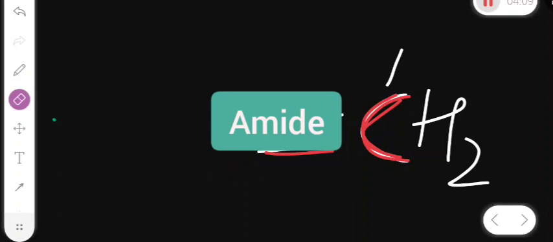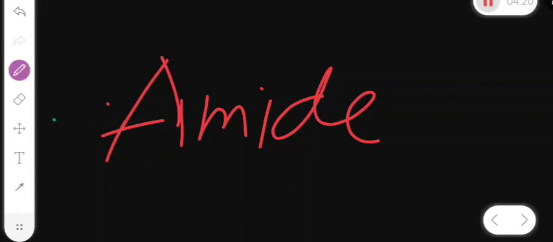Yeah, most often we get confused between amide and amine. We need to note here that I am using the term amide, A-M-I-D-E. So the IDE group is attached. When we say amide, we mean an NH2 group attached to a carbonyl group. Now what is a carbonyl group?